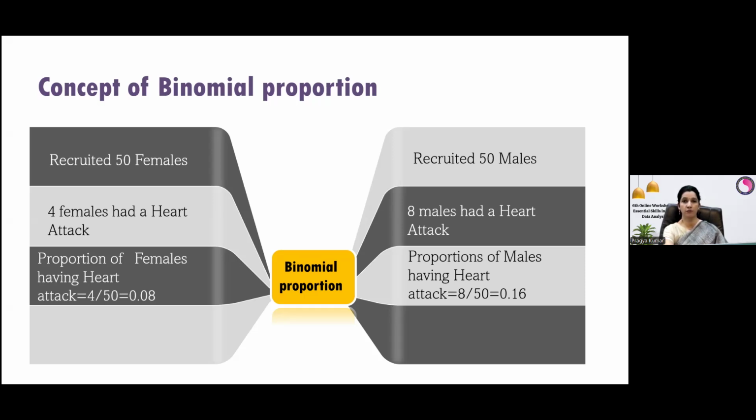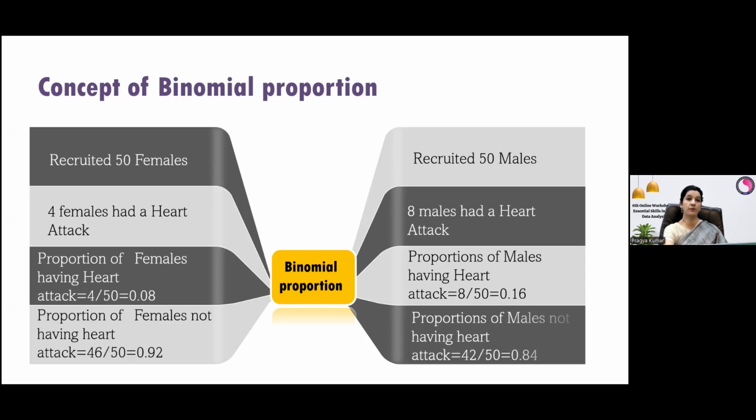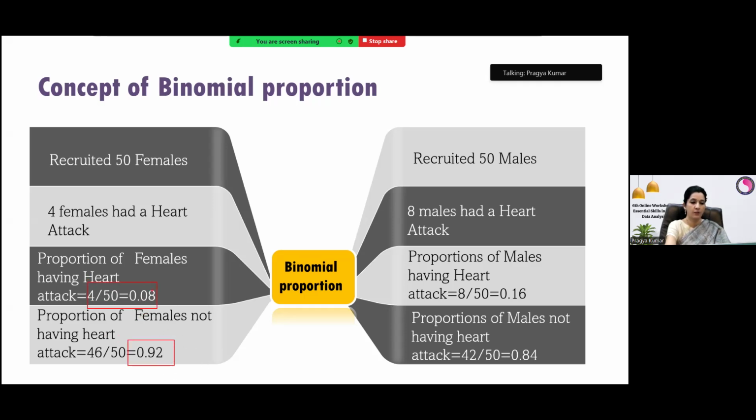The proportion of males having a heart attack will be 0.16. The proportion of females not having a heart attack will be the opposite of 8%, which is 92%. So if 8% of females have a heart attack, then 92% do not. This is known as the binomial proportion.